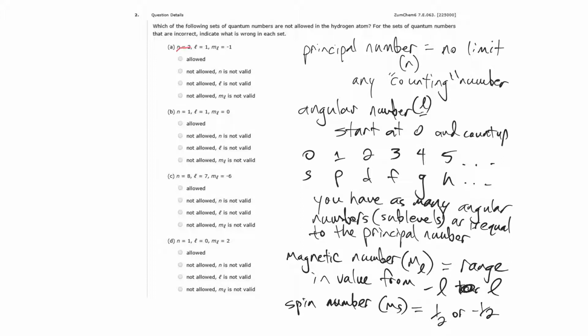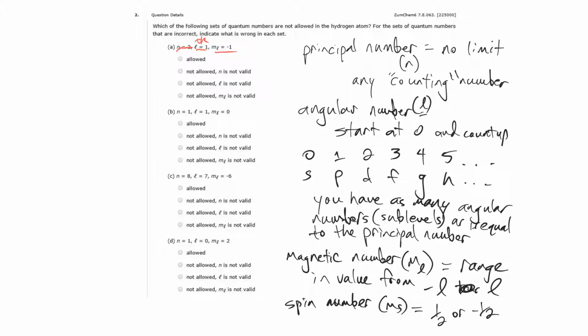Okay, so with that information, let's go through each of these questions. In part A, n equals 2. Sure, you can have any principal quantum number, as long as it's a counting number, like 1, 2, 3, 4, and so on. Angular number 1. Since the angular number is 1 less than the principal number, that's valid. Magnetic number, -1/2.